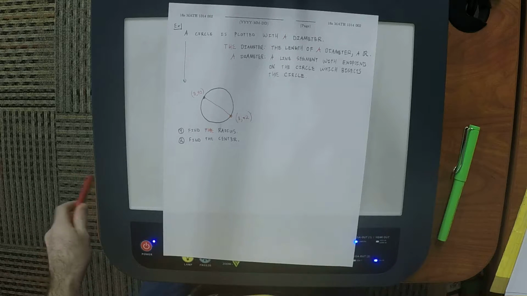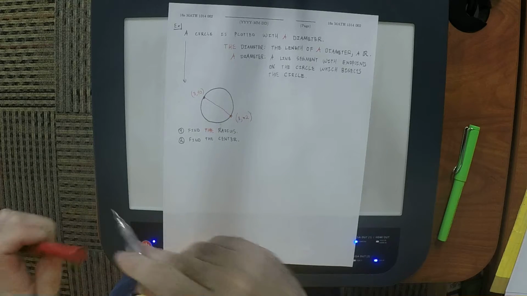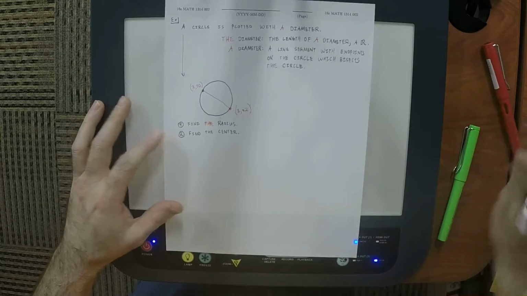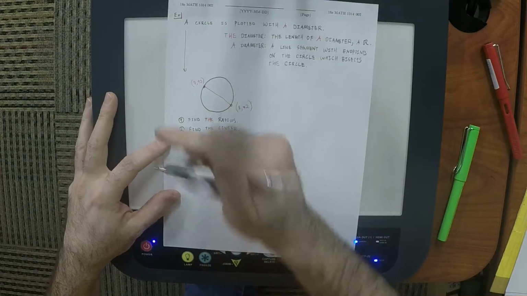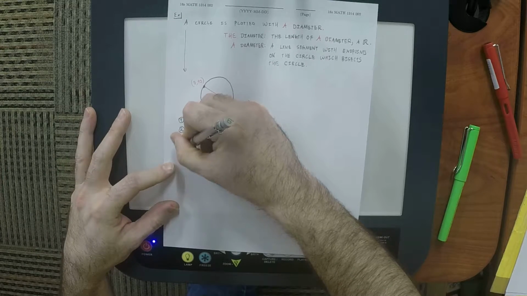When you say the radius, you're talking about a length, something you'd measure with a ruler. But when you say a radius, you're talking about a line segment that goes from the center to any point on the circle. So concerning request 1, what's going to be our strategy?